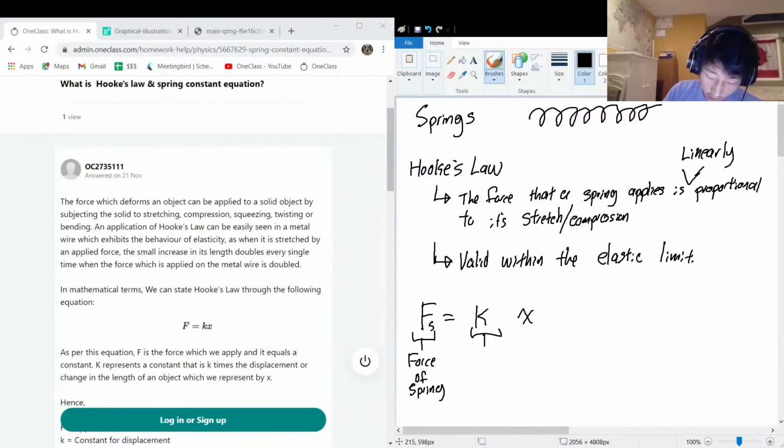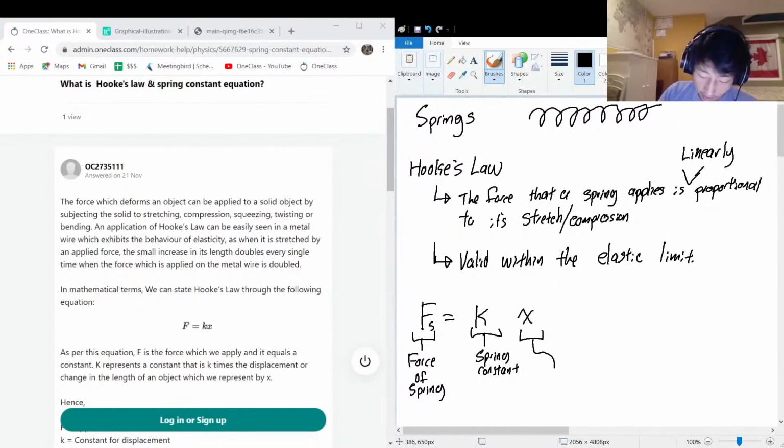K, that's the spring constant. A high k value translates to a stronger spring, and low k values translate to weaker springs. So the suspension in your car, that's a pretty strong spring that's going to have a higher k value than the spring in your mechanical pencil, which probably has a very low k value.